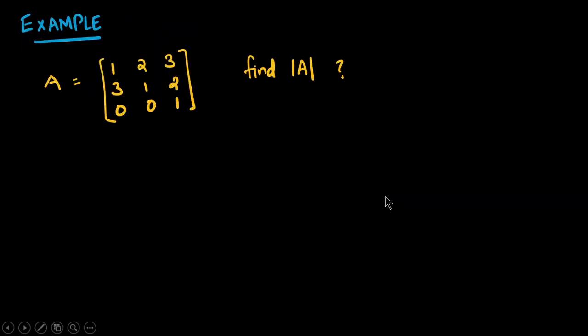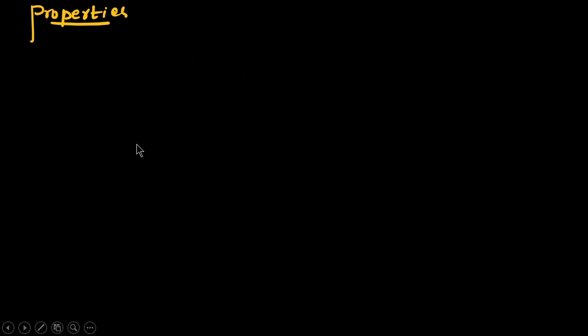Okay. Then let's take an example. You can take this example and find the determinant of A, using both the column expansion and the row expansion, and just verify that these two are giving the same answer.